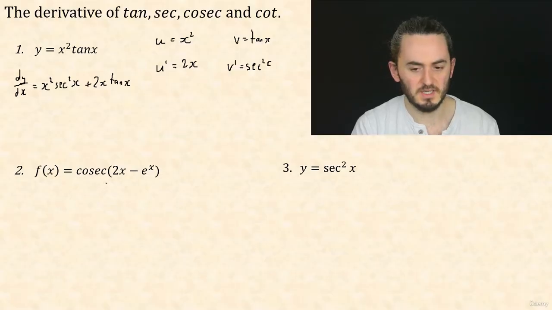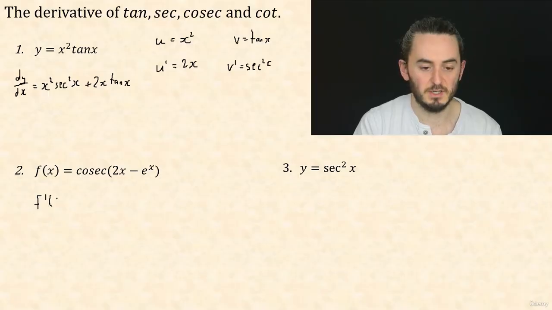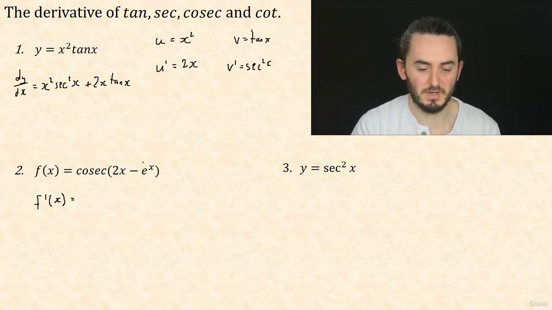Okay, this one here, well, this is a chain rule because it's a function of a function. It's cosec of a bunch of stuff. Now, just like when we differentiated sine of a bunch of stuff or cos of a bunch of stuff, we basically differentiate it as if that stuff was just x, but then at the end we multiply by the derivative of that stuff. So I asked myself, what's the derivative of cosec?